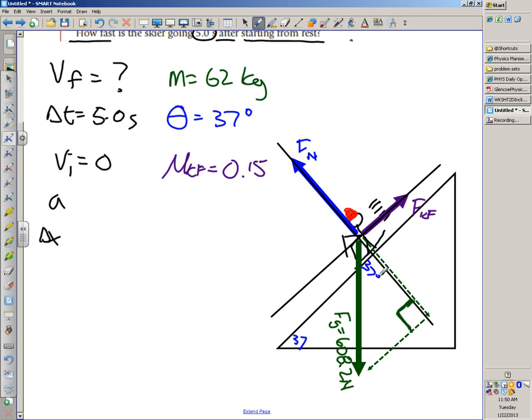Alright, now we've got ourselves a right triangle where gravity is the hypotenuse, and we can figure out the other two sides. Go.